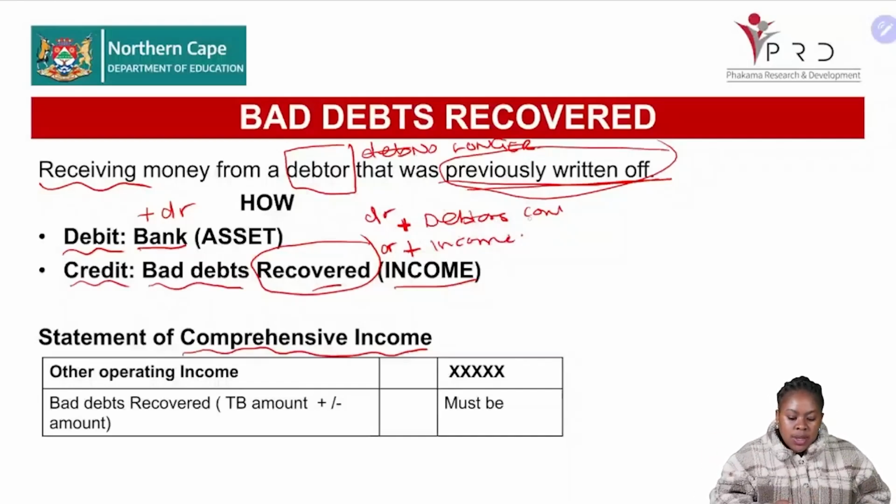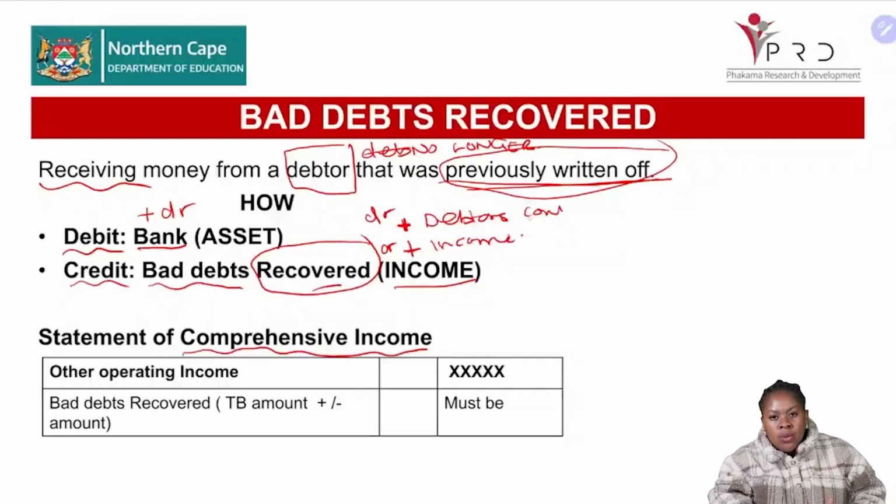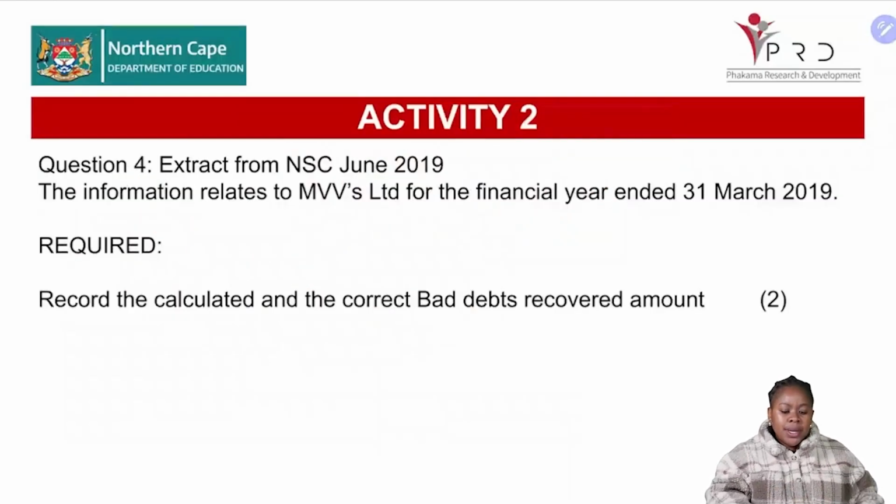All right, so that is the way to approach that question. So it can either be a straightforward question the way I've presented it, or they can tell you that the bookkeeper made an error and then you have to fix the error. How do you fix the error? You add back the amount that the bookkeeper removed, and then you add the correct amount into the bad debts recovered account.